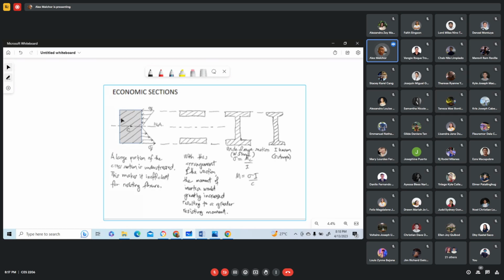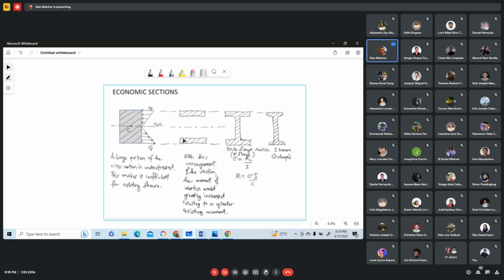Since this lower part is under stress and this upper part is subjected to stress too, to make it efficient to carry the stress, we are going to place this area in the upper part. Also, this we place in the lower part. So we have now this section here.